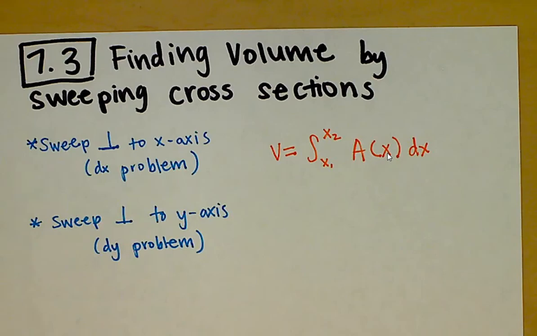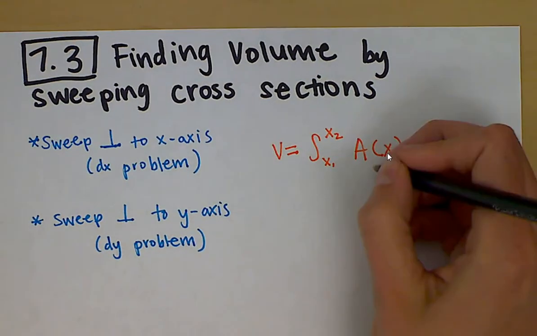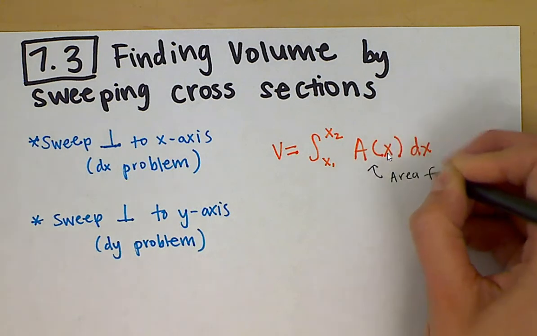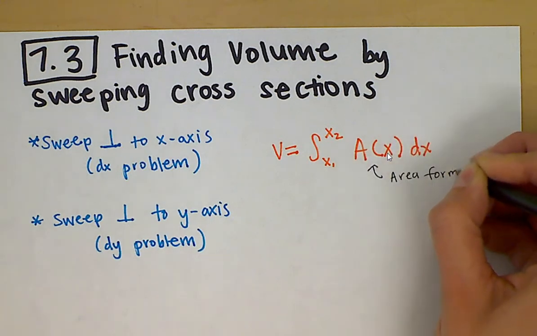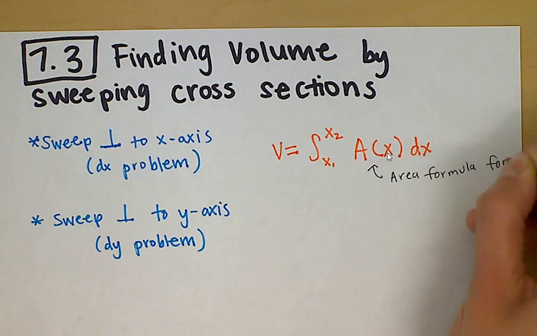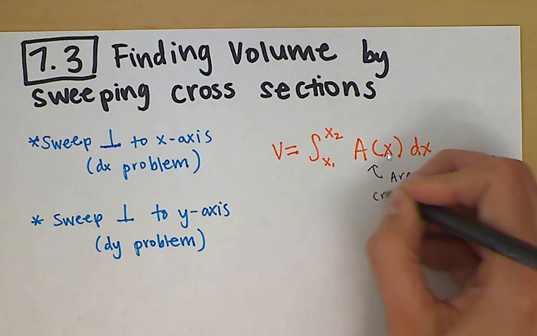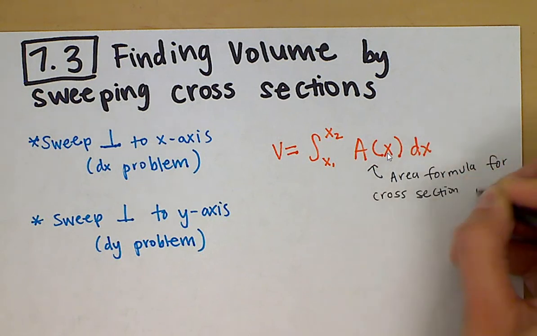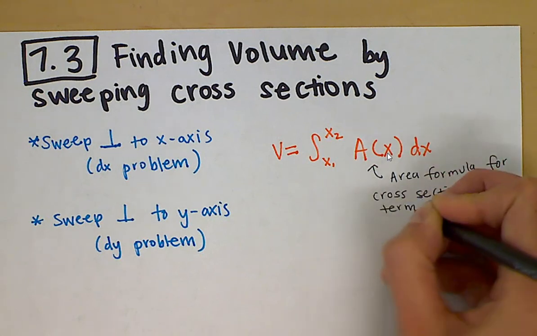You just need to make sure that whatever this area formula is, it's the area formula for the cross section, meaning the shape, in terms of x.